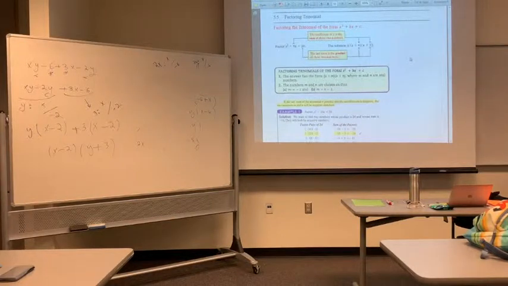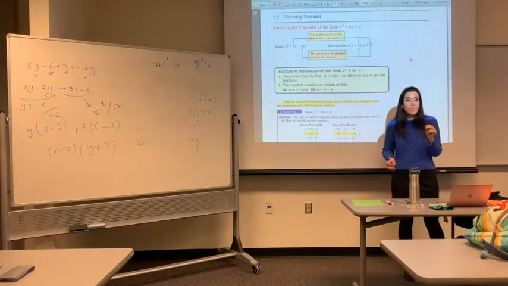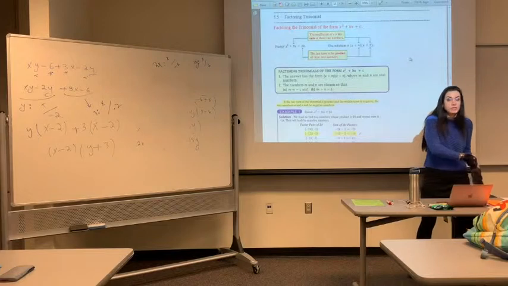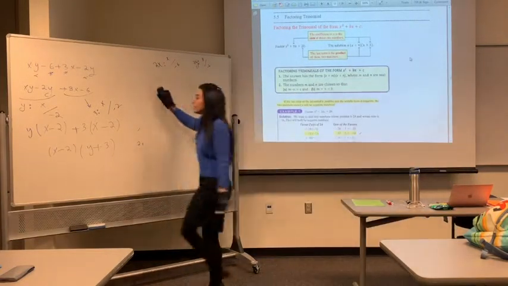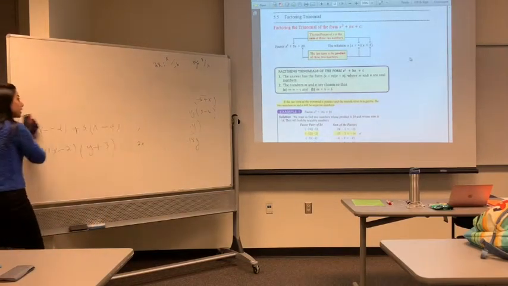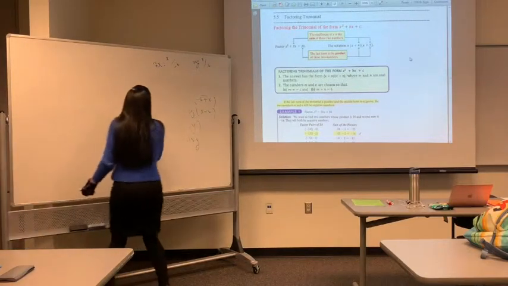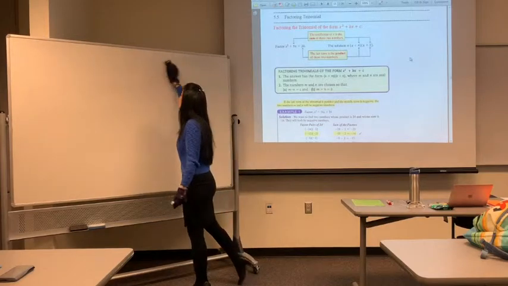It's a polynomial that has 3 terms. So we are going to factor a trinomial, a polynomial with 3 terms. From here, most of the factoring methods we are using have a specific pattern and a specific rule.